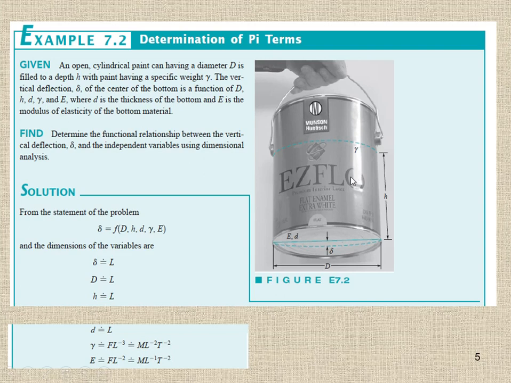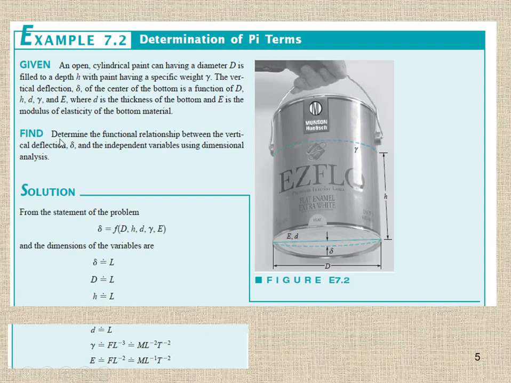So this deflection depends on these variables: D, h, small d, gamma, and E. I think it's clear. Now we have to determine the functional relationship between the vertical deflection and the independent variables using dimension analysis.